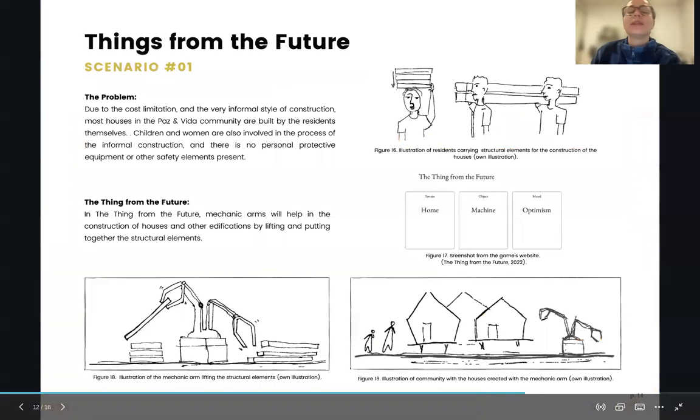In this community, people are actually the ones responsible for building their own houses, and they have to carry heavy items, and also they build very informal houses for themselves. So in this scenario, they would have the help of a mechanic arm that not only facilitates their work with the construction of the houses, but would also help them to have better housing systems.